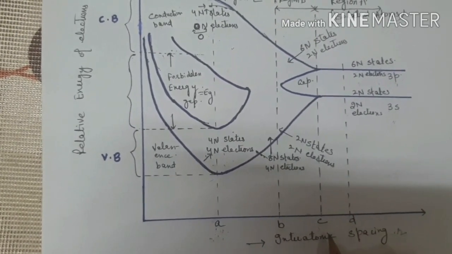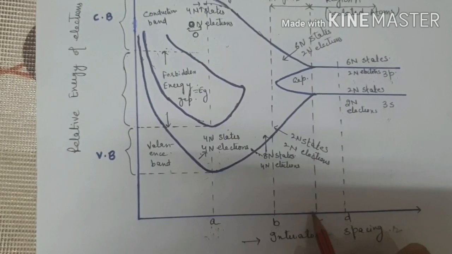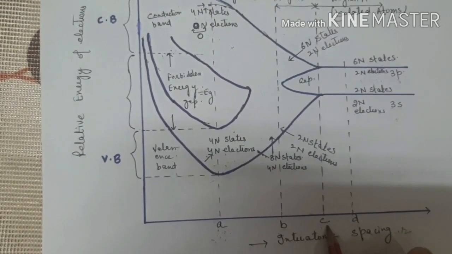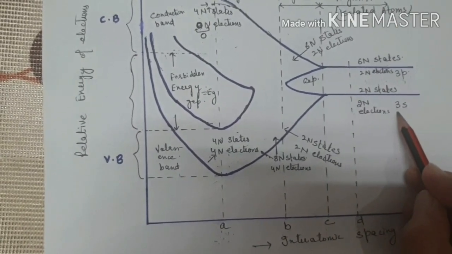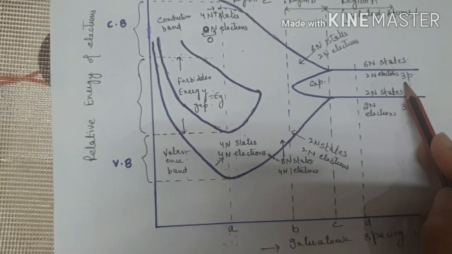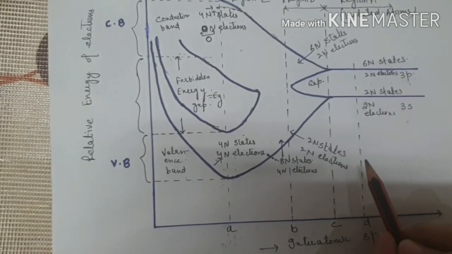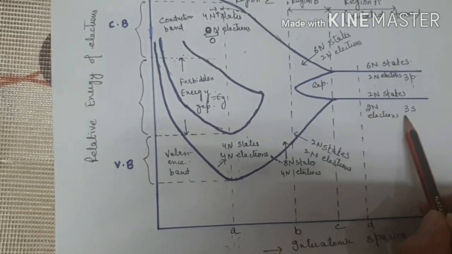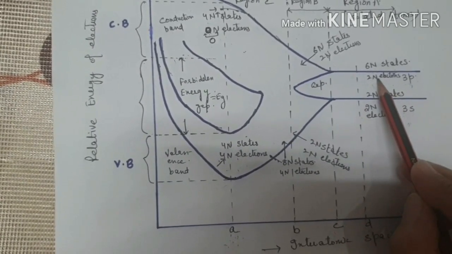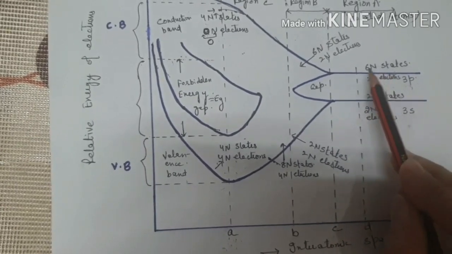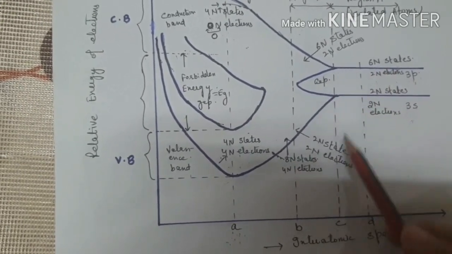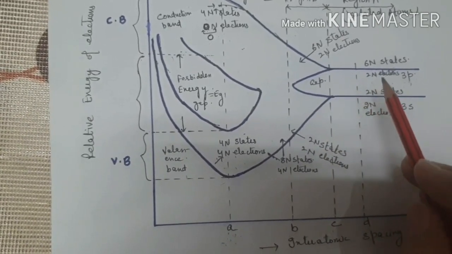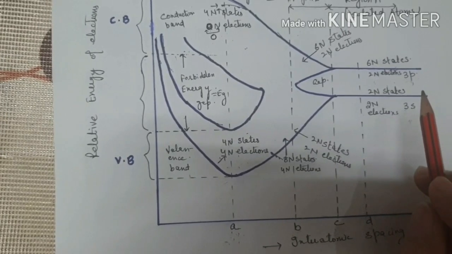Then when R is equal to C, the interaction between electrons of the 3s and 3p levels becomes appreciable, or we can say the energies of the 3s and 3p levels of each silicon atom start changing here, or we can say splitting of energy levels starts.